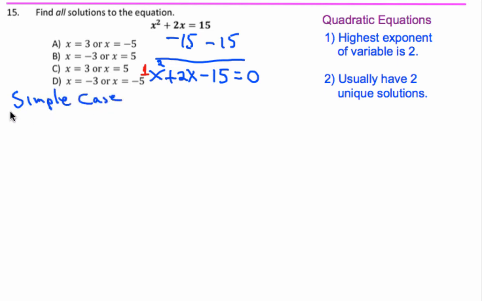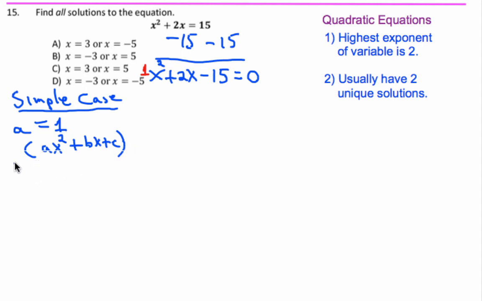So the simple case is when a equals 1. Remember, the form of a quadratic equation is ax squared plus bx plus c equals 0.